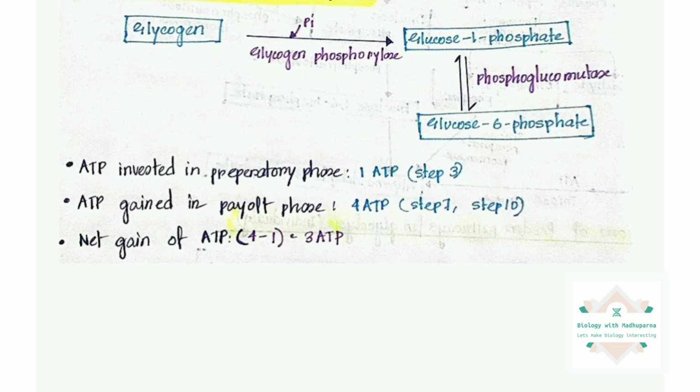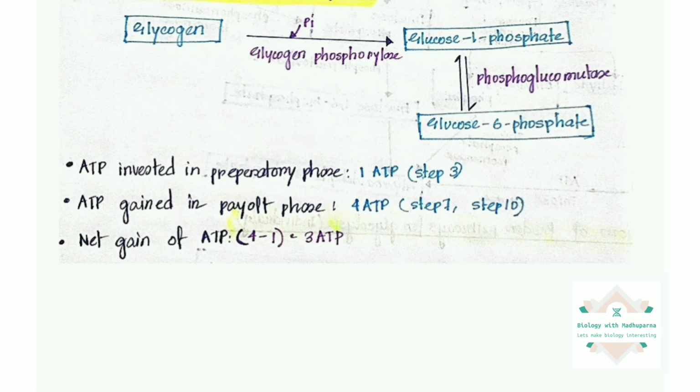In this method, as you can see, we are starting this reaction with glucose 6-phosphate. So we don't need to invest that first ATP which we were investing in our previous method, where for glucose to glucose 6-phosphate conversion we were consuming 1 ATP. But in this case, we are already starting glycolysis with glucose 6-phosphate instead of glucose. So we are investing only 1 ATP in the preparatory phase, which is only step 3, where fructose 6-phosphate is converted into fructose 1,6-bisphosphate.